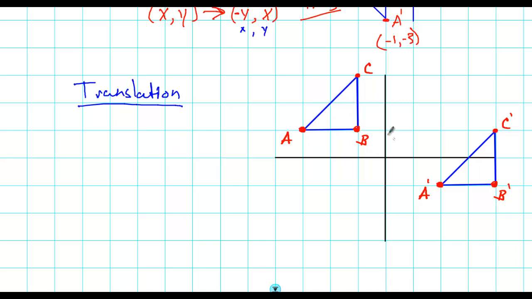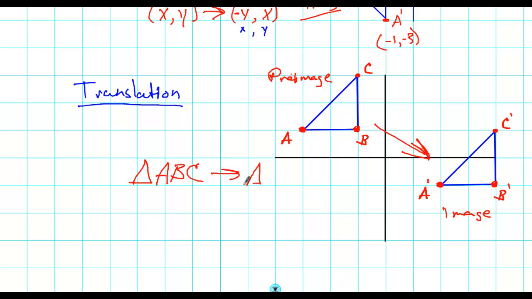Now, a translation is a slide. You may have seen it denoted like this before, with a little arrow. Right? So it went from here to here. So we have the pre-image, and we have the image. So we can say that triangle ABC was transformed or mapped onto triangle A prime, B prime, C prime.